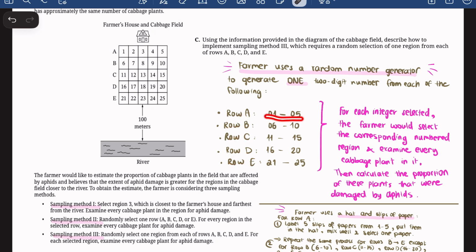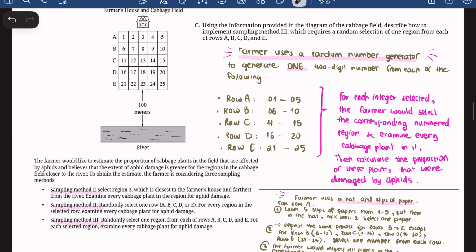So 01 to 05 in row A, 6 to 10 in row B, 11 to 15 in row C, 16 to 20 in row D, and 21 to 25 in row E. So for each integer selected, the farmer would select the corresponding numbered region and examine every cabbage. Then finally, after he's done, he can calculate the proportion of these plants that were damaged by aphids.